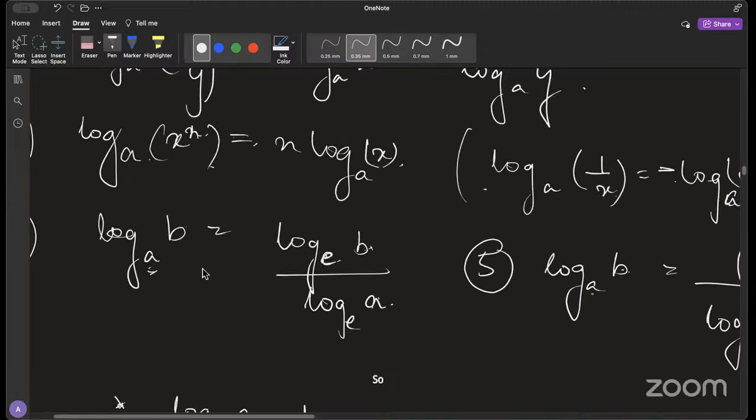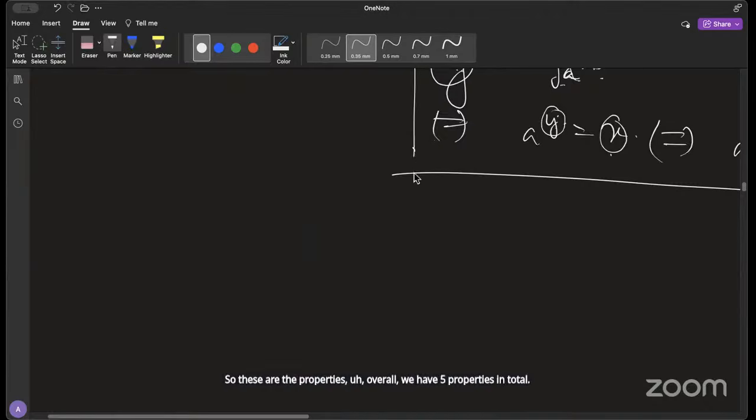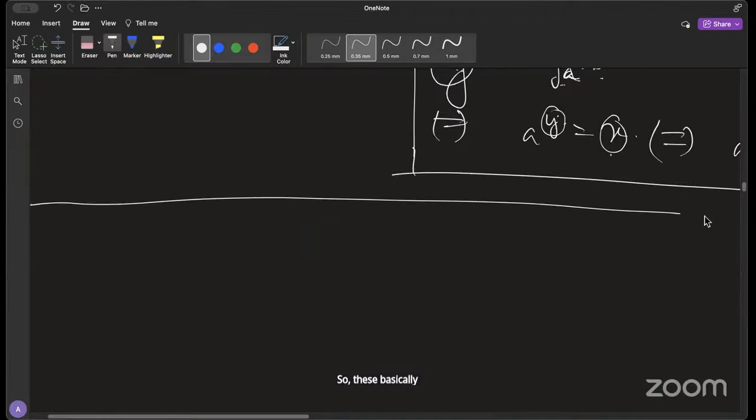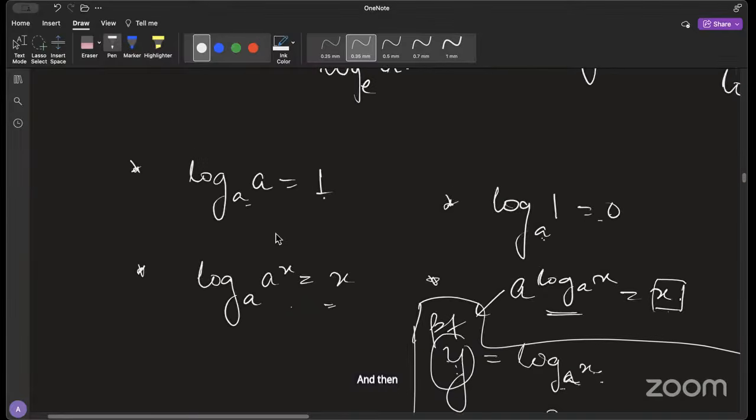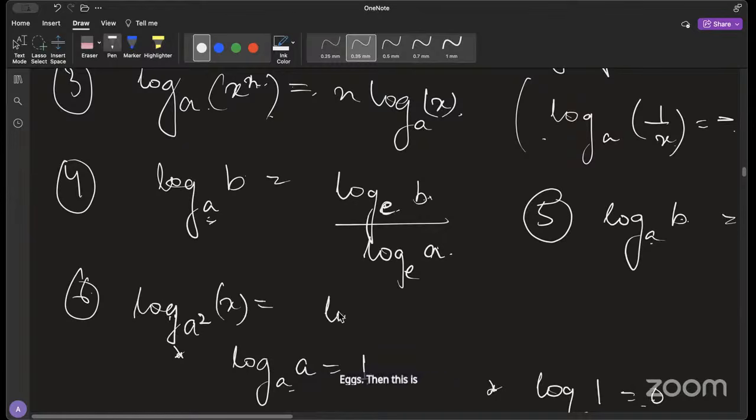So these are the properties. Overall, we have 5 properties in total. These are more or less all the properties that you need to use. And one property that I've not mentioned, I'll mention that too. If you have log base a squared of x, then this is the same as log base a of x to the power half.